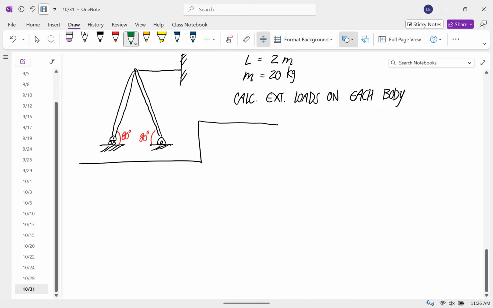I'm going to number it like this. I'll call this body 1. I usually just do it sort of from left to right, but there's no reason you have to do it that way. I'll call this joint A, B, and C.